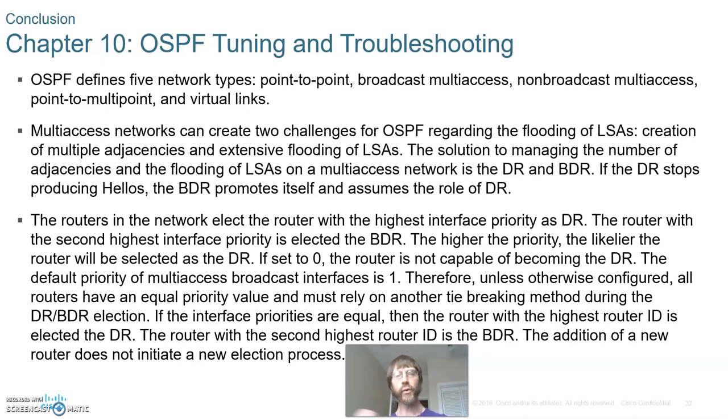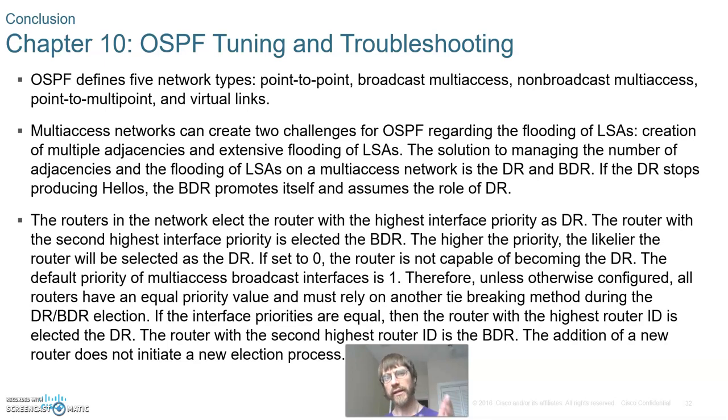There's also point-to-multipoint connections. You can more or less think of this as a hub and spoke topology, so that you've got multiple branch sites talking to a core, and they may be doing their neighbor relationships all toward that hub site. Then you've got virtual links.